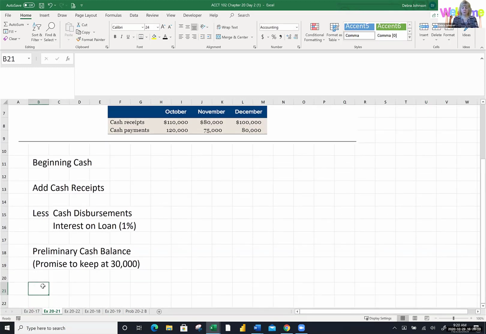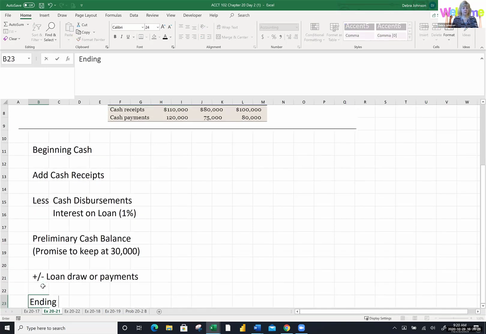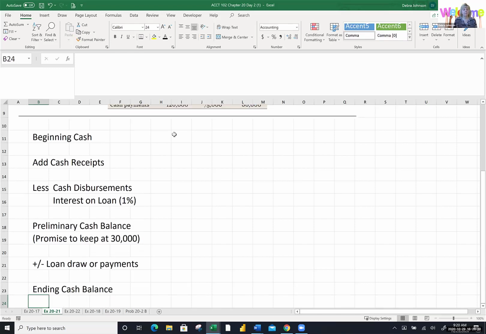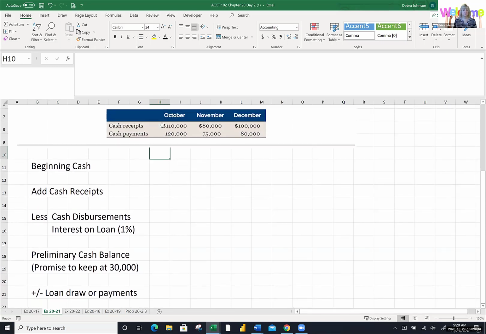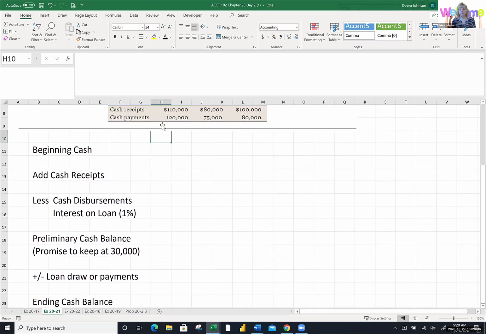And then here's where I'm going to do, now that you've seen it one time, plus or minus loan draws or payments. And that's going to give us our ending cash balance. So I'm going to stop. I'm going to put my 3 months across the top unless you guys have any questions.